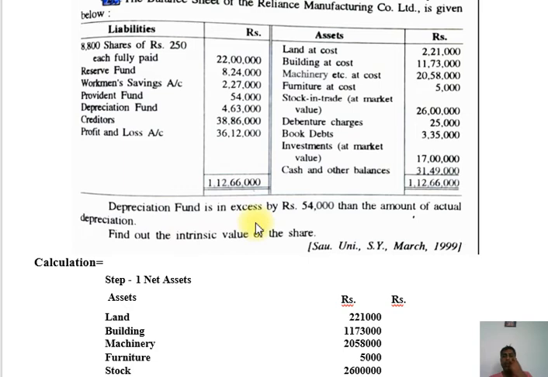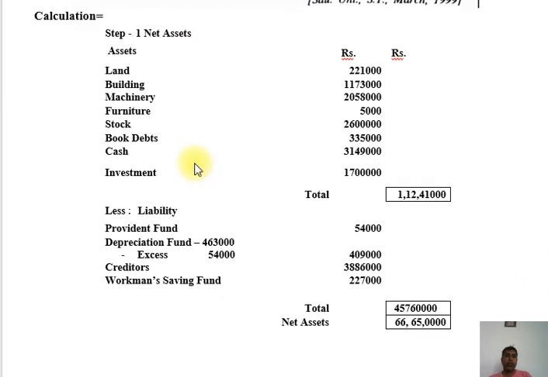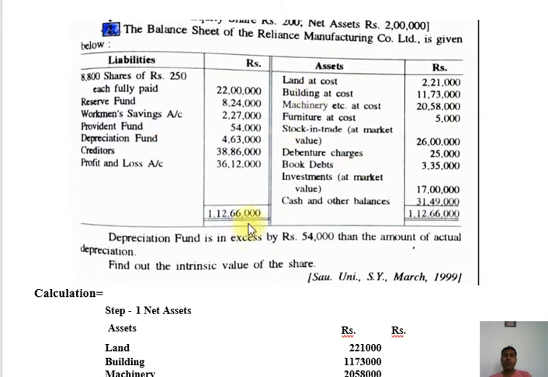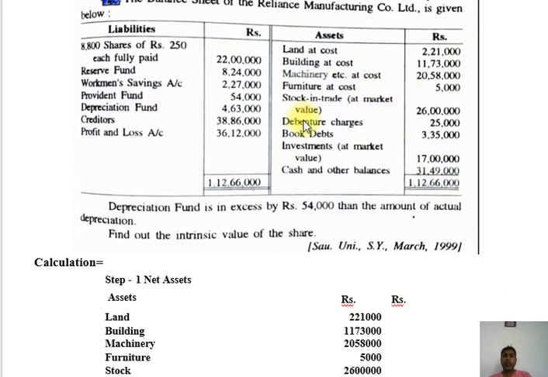It means, friends, we calculated more depreciation than the actual, so we deduct the amount from the depreciation fund. Now we start our calculation. Step 1, net assets. Here we note down all the assets at book value.